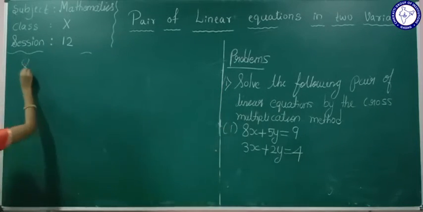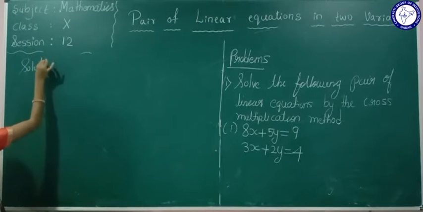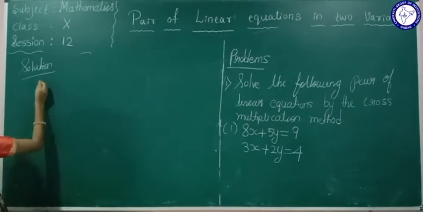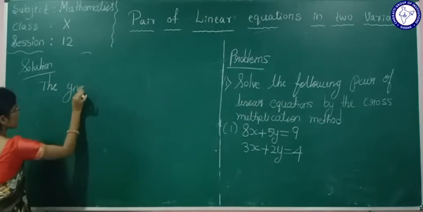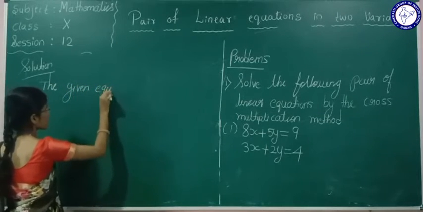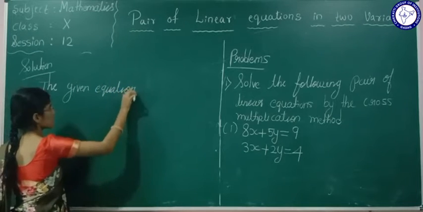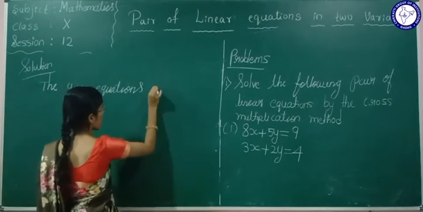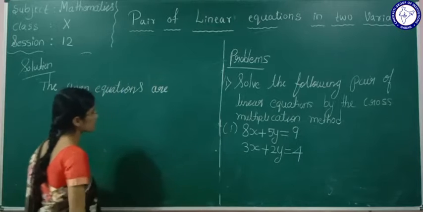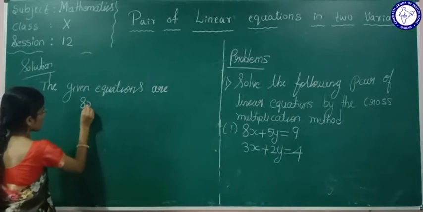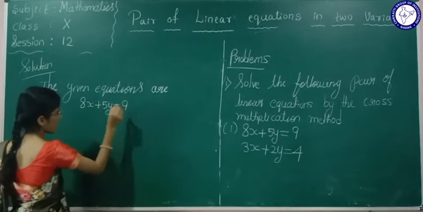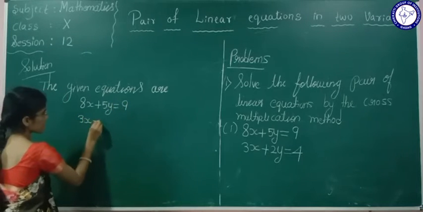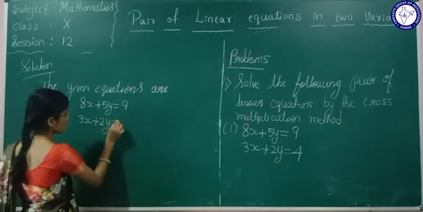Now see here, students, solution. The given equations are, what are the given equations? 8x plus 5y is equal to 9, 3x plus 2y is equal to 4.